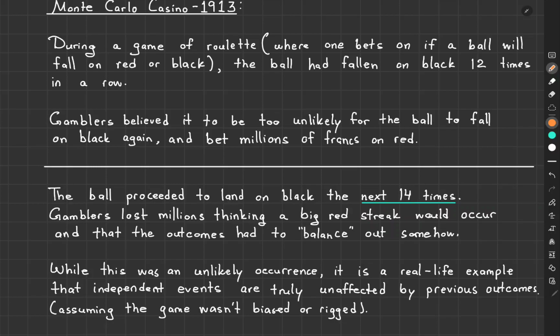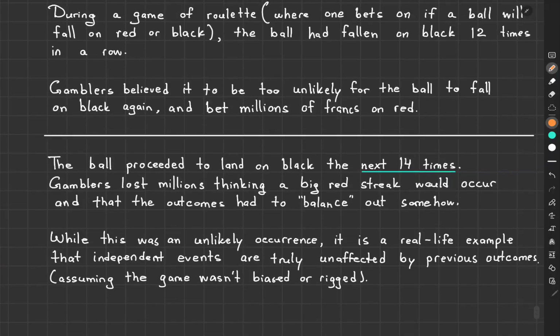It's extremely unlikely, but just like you saw with the coins, it's as unlikely as any specific sequence of events. So that doesn't make it impossible in any way whatsoever. All right, that's all for probability part 3.